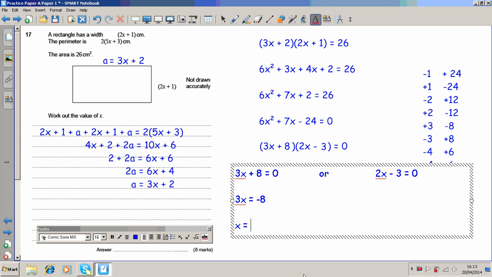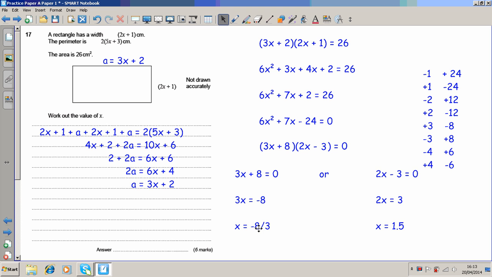That means x is going to be -8/3. Or if I do this one, I'm going to get 2x equals 3. X equals half of 3, 1.5, or 3/2. So I've got myself two answers here.